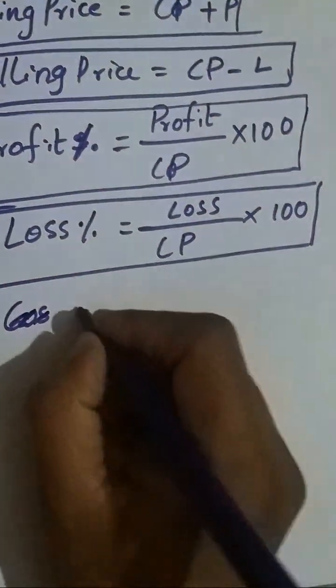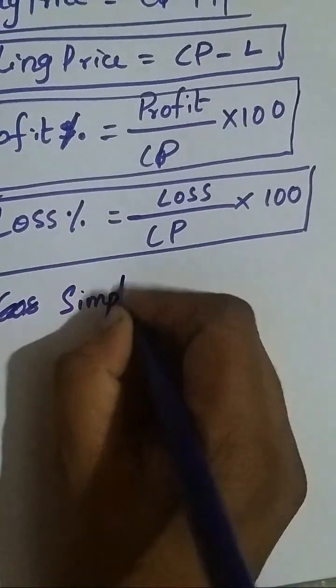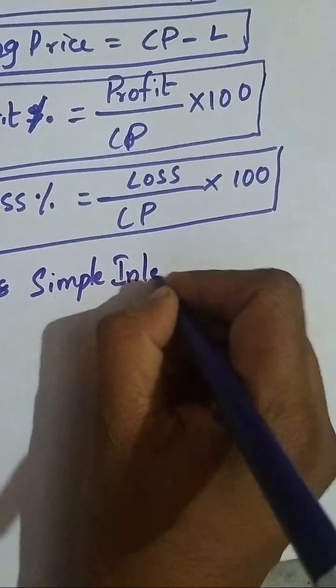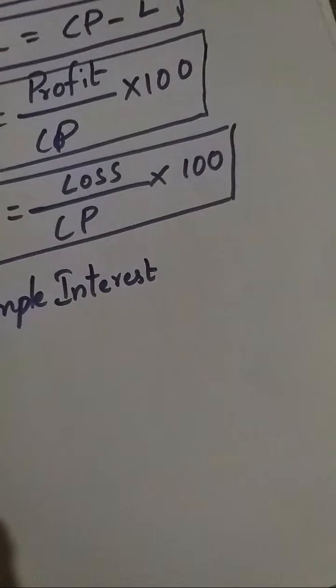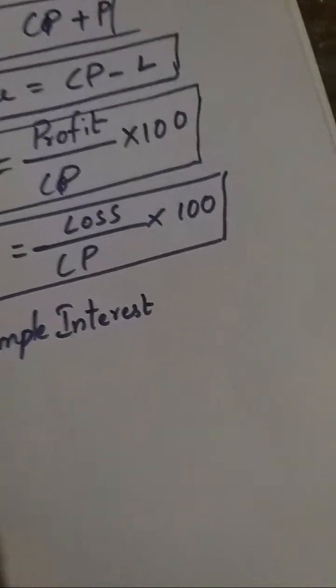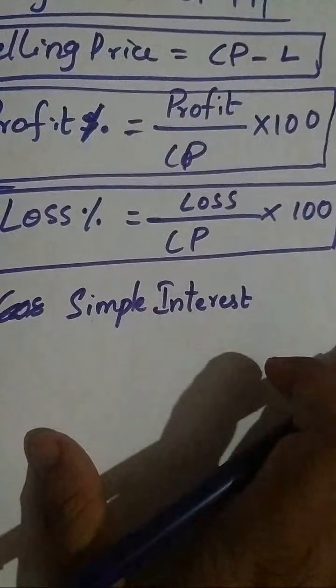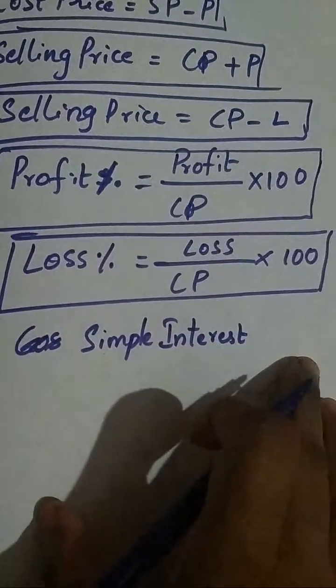Here next I am going to show the formula of simple interest. What is simple interest? A loan is an amount that a person borrows from a bank or a financial authority to fulfill their needs.